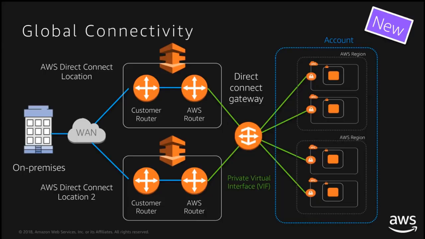So we have backbones going all the way around the world, and whenever you associate the Direct Connect gateway, it allows you to ride that backbone from any of our Direct Connect points of presence to all of our regions minus China. So this is a great way to use the investment of a single port and pair of fiber to get to multiple regions globally.